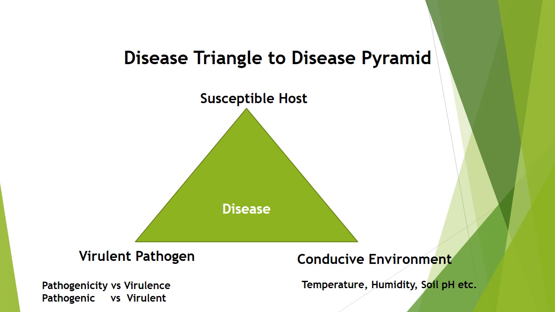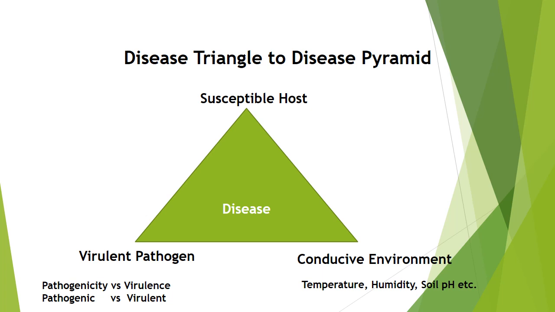A resistant host is a host which has a resistance gene, and that gene helps the host to detect the pathogen, and not only detect the pathogen but also helps the host to kill it, while the susceptible host is a host which lacks that gene. Because it doesn't have this gene, it is unable to detect the virulent pathogen, and as a result disease will occur.